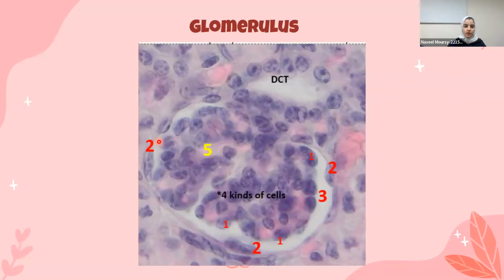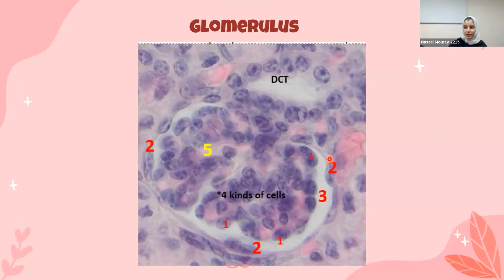So this is another image. This is more histological. We have number 1 again. Do you guys want to go for it again? What's number one? I'm being mean. Podocytes. Good job.